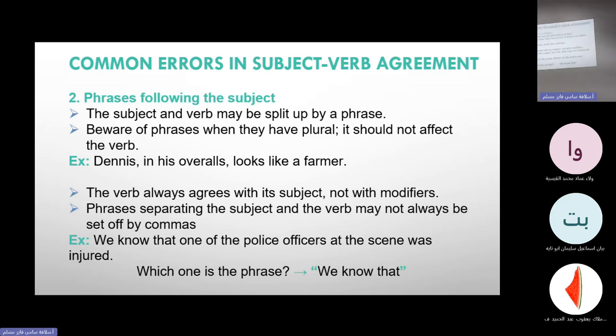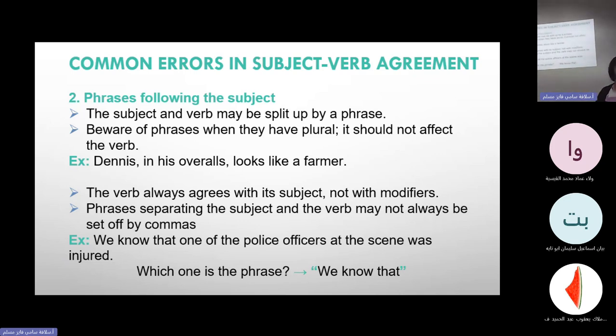Okay, so Dennis looks. Why did we use looks? Because look refers back to Dennis, and Dennis refers back to he, the third person pronoun. I and you, do they take the verb with s?